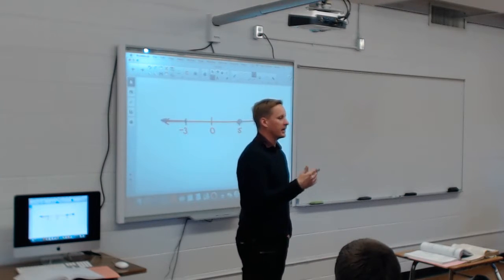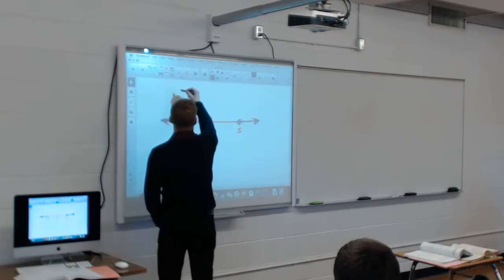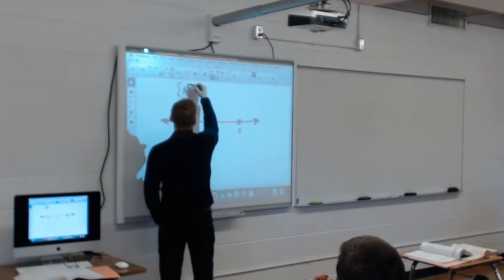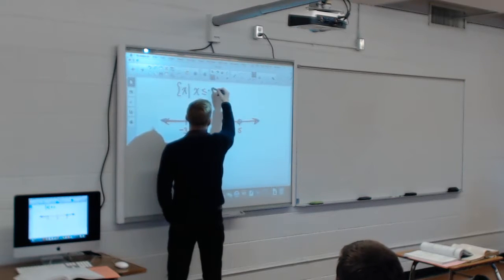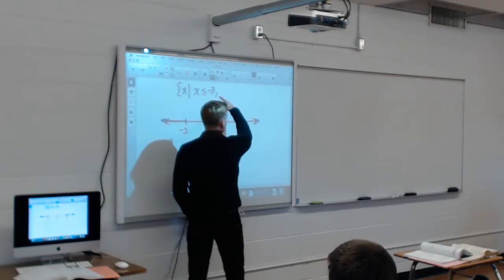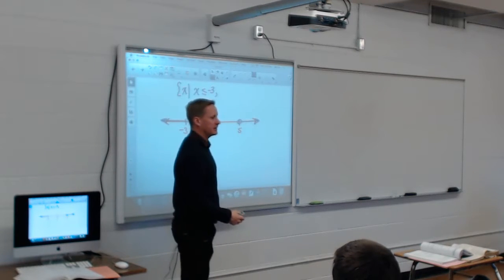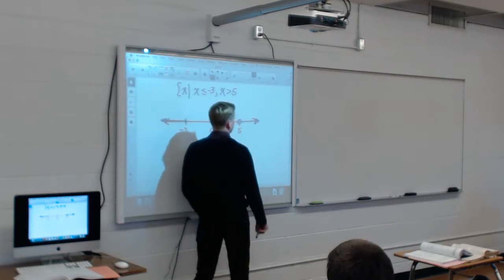So, but this is where it gets a little complicated. How do I show this? Well, here's how I would show this. x such that x is less than or equal to -3, comma, that separates it, x is greater than 5.